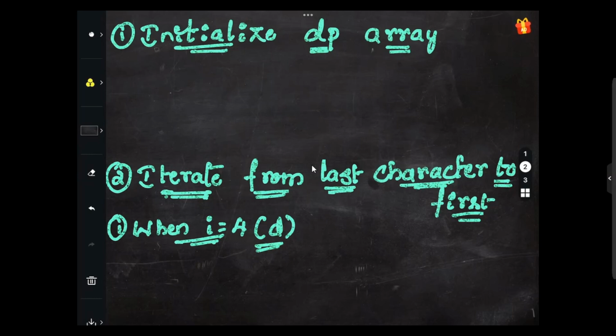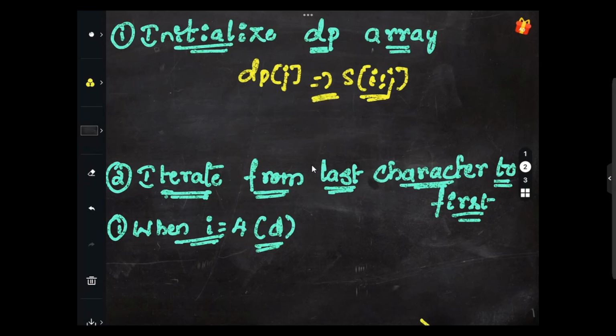First step here is to initialize the DP array. So here let me consider DP of j. DP of j represents whether S of i to j is a palindrome or not. And also we will set the maximum length here to 1.